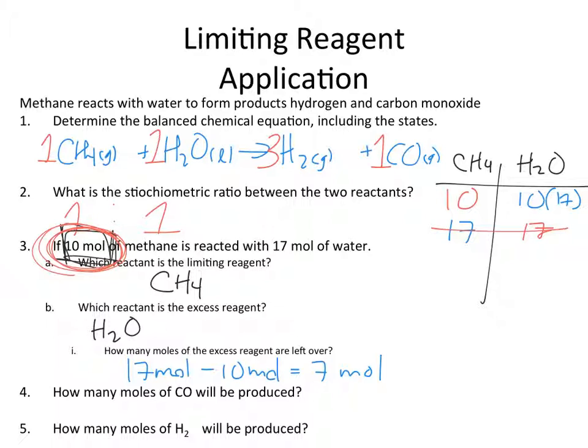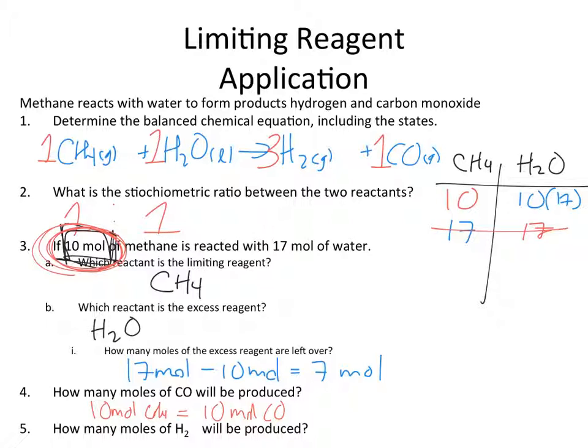It's directing the entire reaction. So what we have to look at is how many moles of CO compared to moles of CH4. And based on our balanced equation, again, it's a 1 to 1 ratio. So if I completely use 10 moles of CH4, that means I'm going to produce 10 moles of CO.